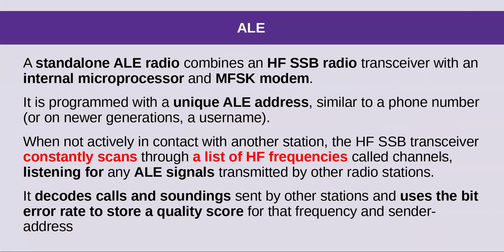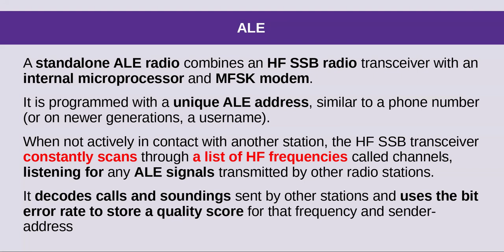So for standalone, you need an SSB radio in the HF band with an internal microprocessor and an MFSK modem. I assume that's multiple frequency shift keying. I'm curious about the internal microprocessor in the radio.